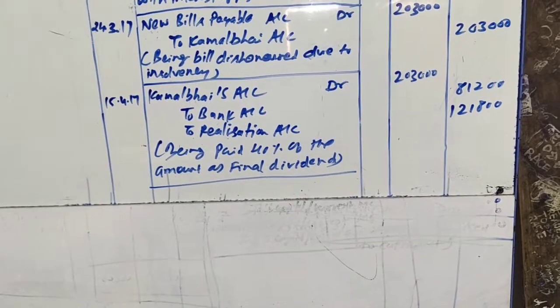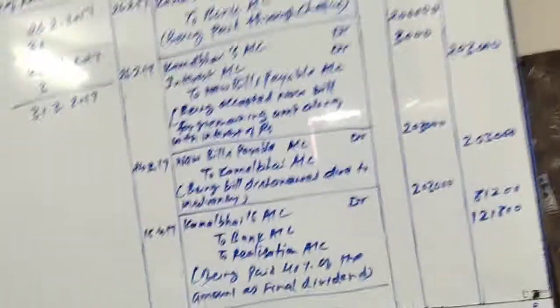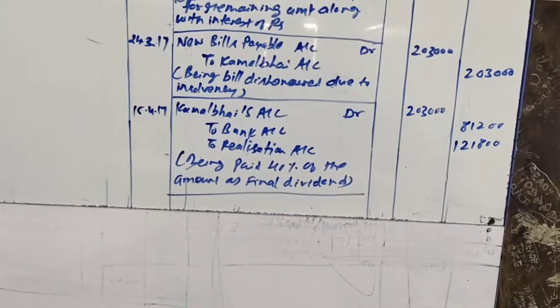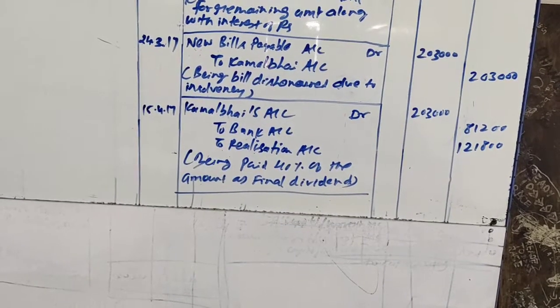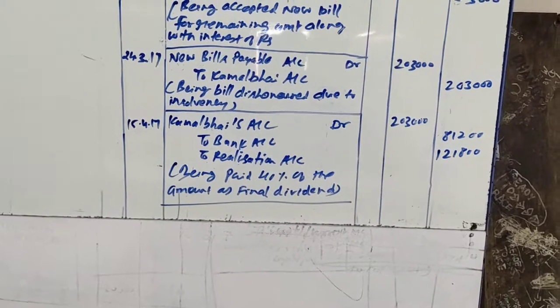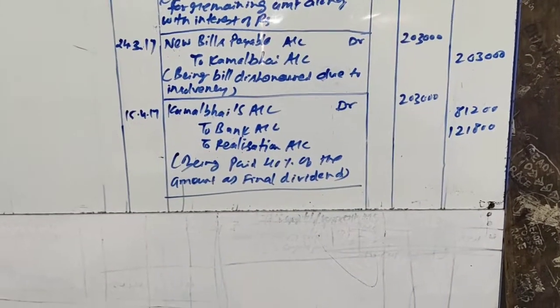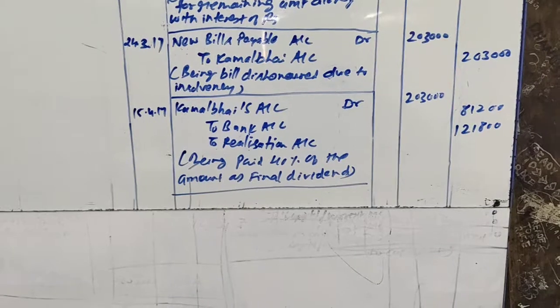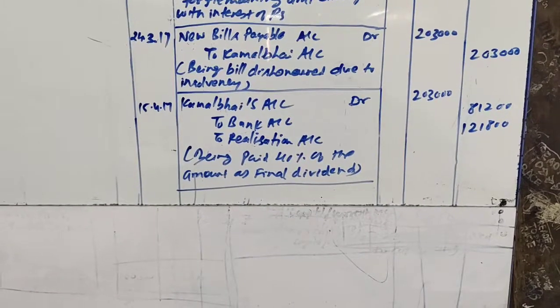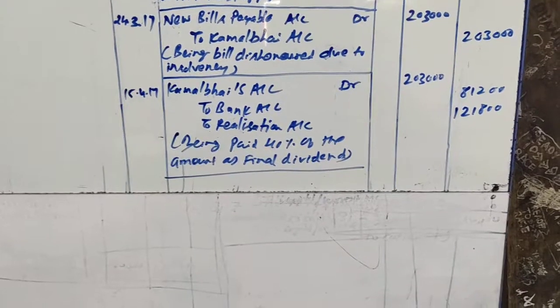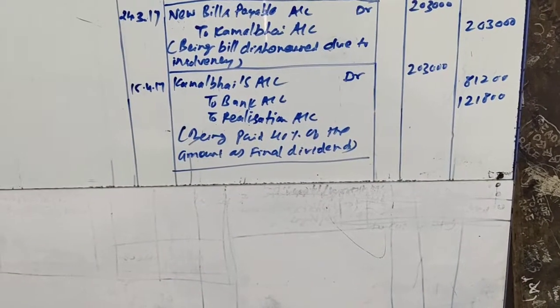Instead of this, in the books of Vishal only, you may pass an entry for payment only, that is Kamal Bhai's account debit to bank account 81,200. That is also enough. So to write realization account or to credit realization account is not compulsory here.